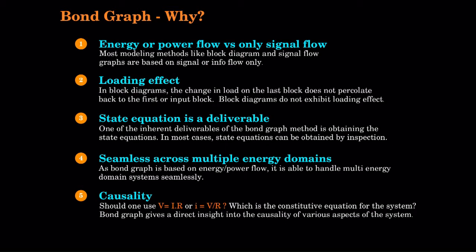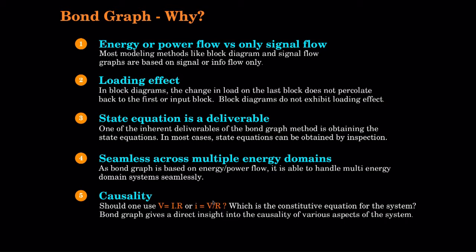Both depend upon the situation. At different places I will be the cause and V will be the effect, in which case I have to use this equation, and in some cases V will be the cause and I will be the effect, in which case I have to use this equation.